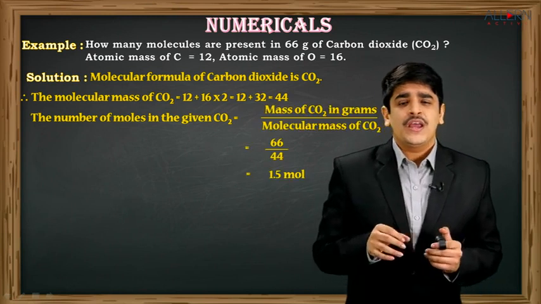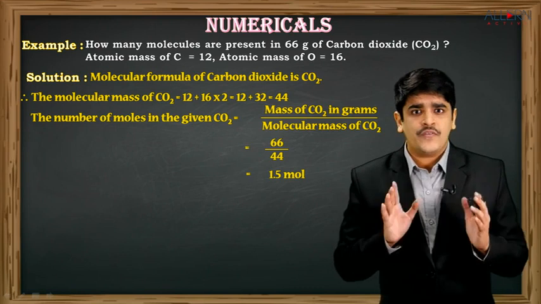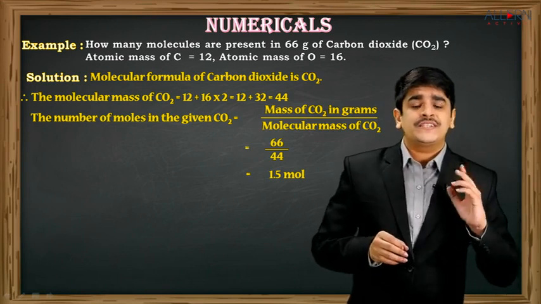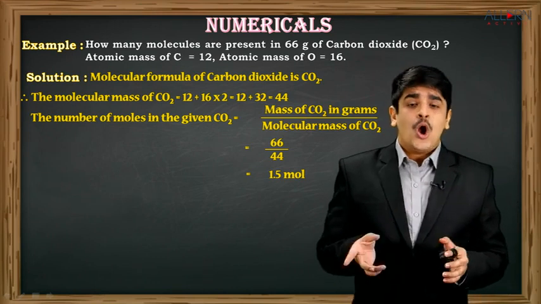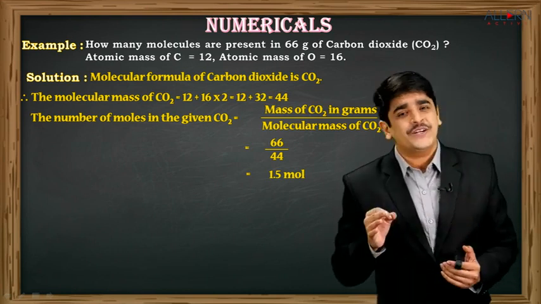Let's continue. Now we need to calculate the number of moles of carbon dioxide. We have a formula. It's very easy. Mass of carbon dioxide which is present in grams, which is given to you in the sum, is the value in the numerator. Molecular mass of carbon dioxide is the one that you just calculated with me, that is the denominator.